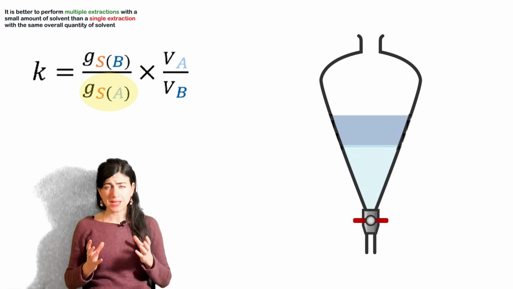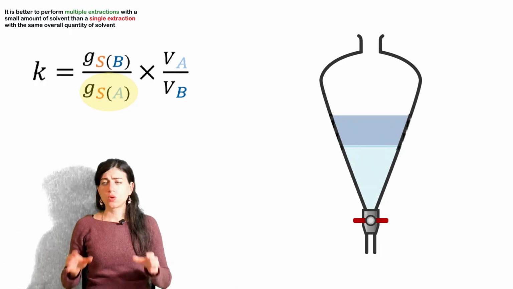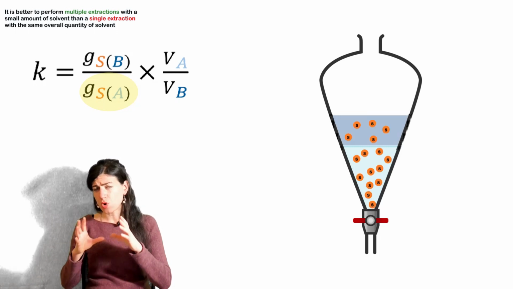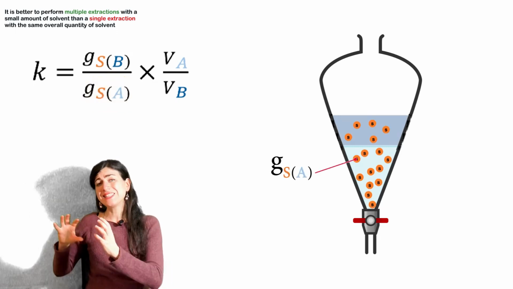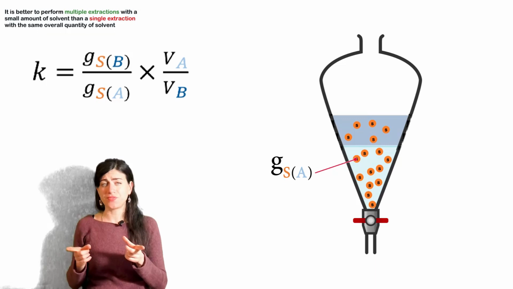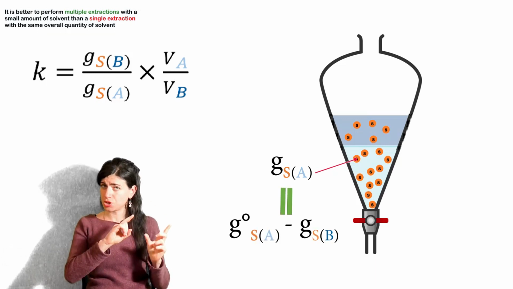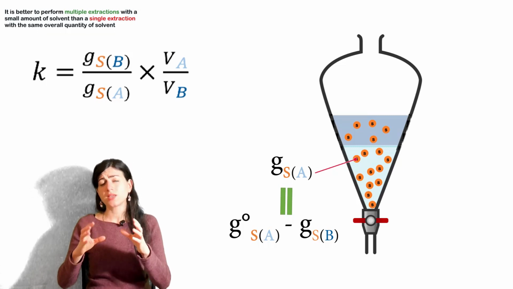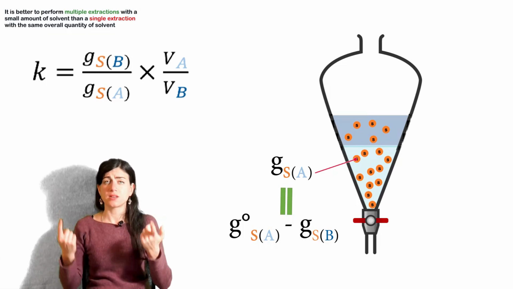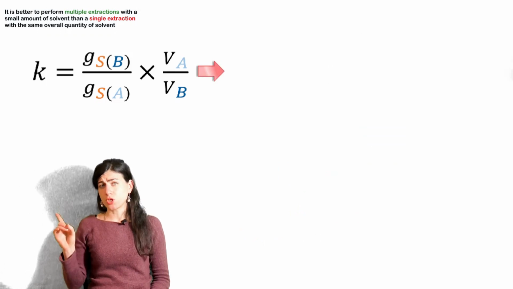So all we are doing is rewriting the current quantity of our substance S in the solvent A as the difference between the initial amount before the extraction and what has gone into liquid B after extraction. So we have this equation here.